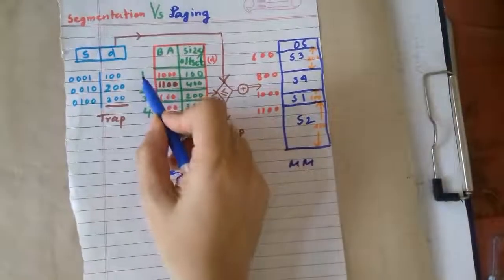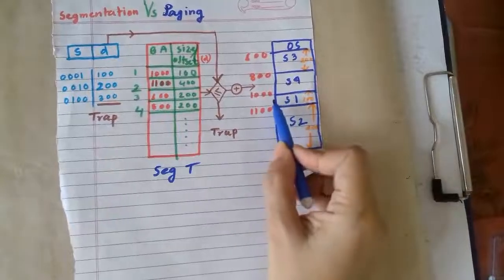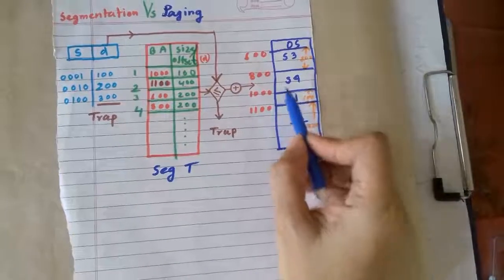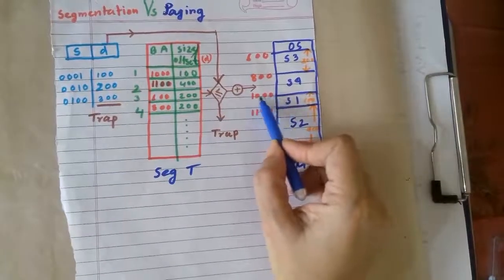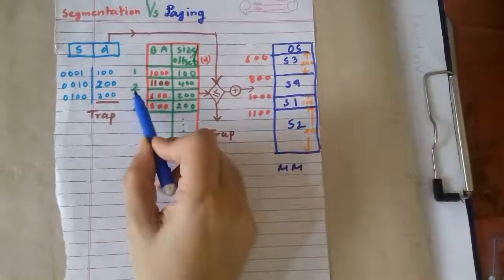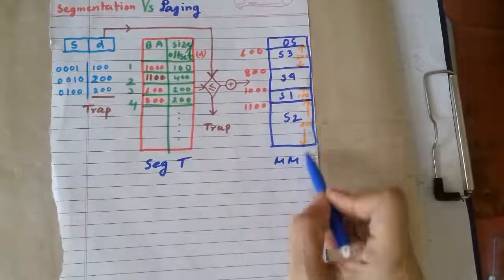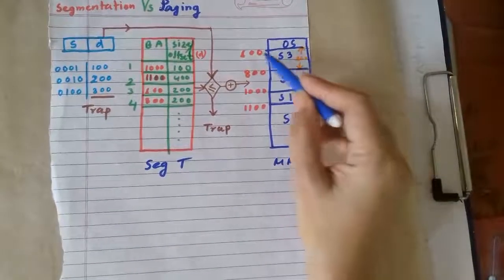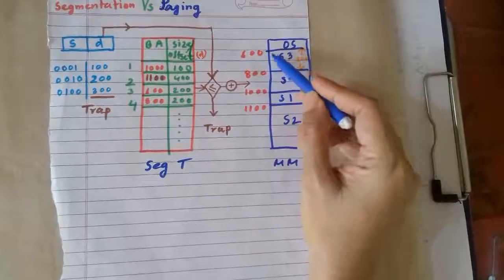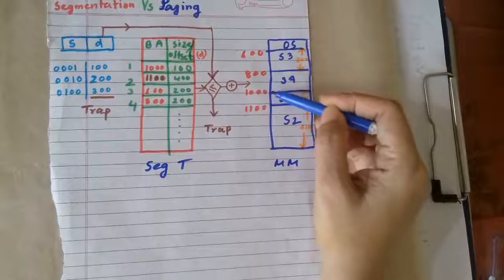We have loaded one module according to the free space available in memory. So segment 1 we have loaded, as I just now showed on the board. It starts from base address 1000 and its length is 100. Segment 2 is from 1100 and its length is 400. Segment 3 is 200, and at that moment, initially maybe this portion was occupied by some other program.